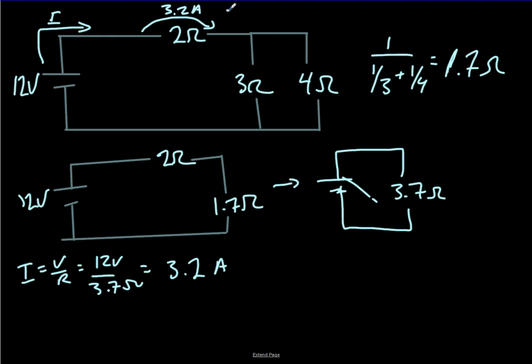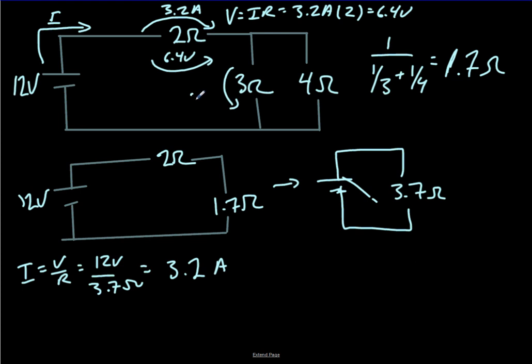So if V equals IR, let's figure out the voltage drop at this resistor right here. 3.2 amps times 2, 6.4 volts get lost here. So 12 minus 6.4, 5.6 volts drops across each of these.